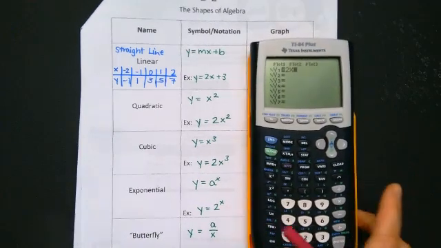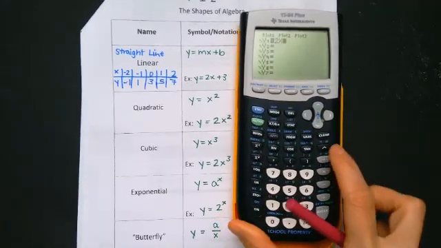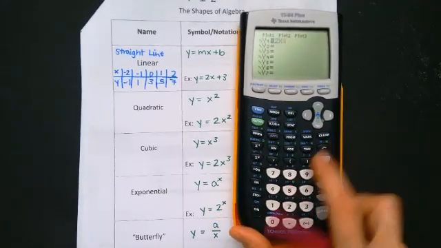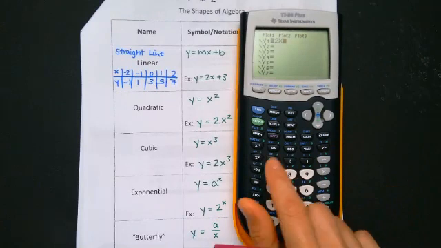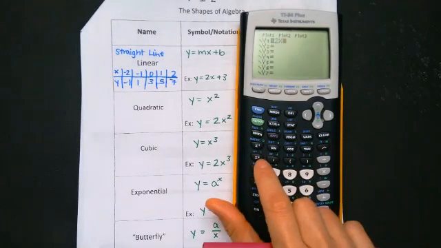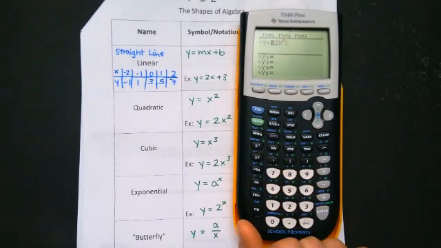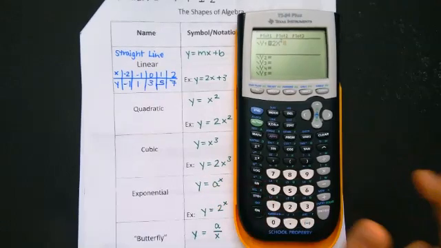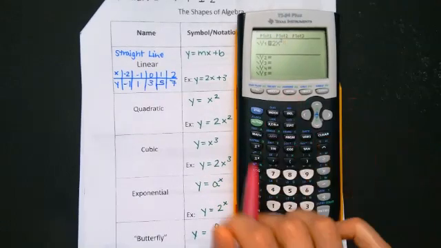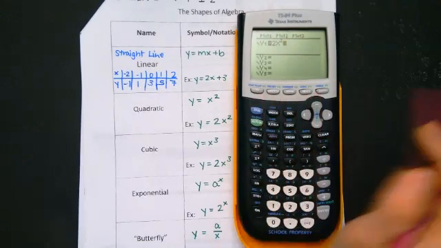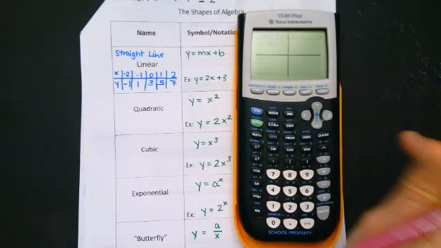You can either use what we're used to and use the caret key right here and then the 2. Or on these calculators, there's a special button right on it that has a squared on there. So you can just use that as well. Either one will work. And then we are going to press what button to get the graph again? Oh, yep, graph right here in the upper right.